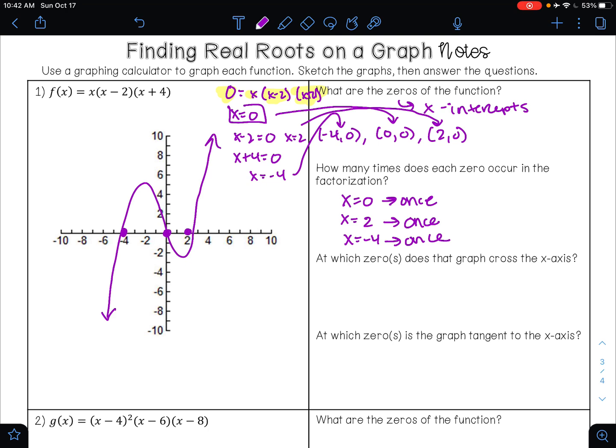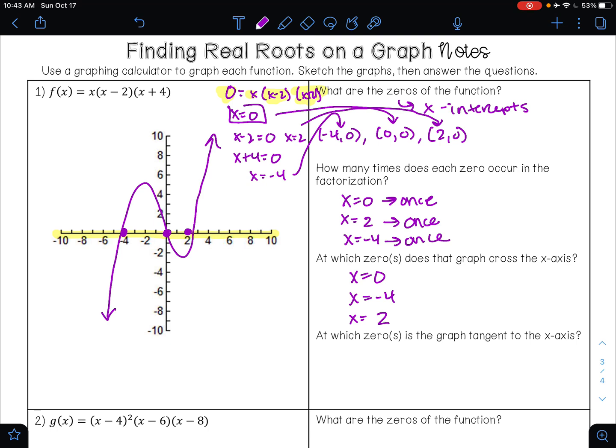So here it's saying it doesn't just touch and turn around, it goes straight through it. So remember, this is your x-axis. And for -4, it crosses it. It goes straight through it. At 0, it crosses. And at 2, it crosses. So at each of them: at 0, at -4, and at 2, it crosses.